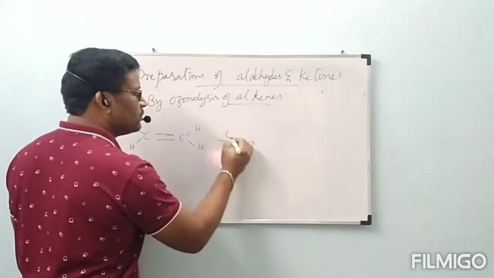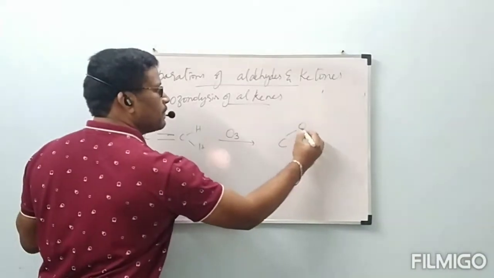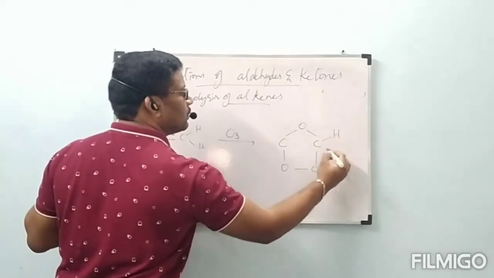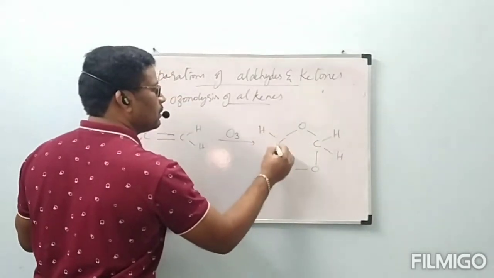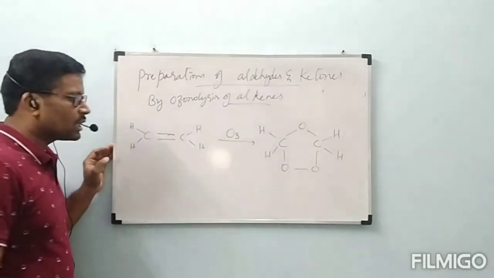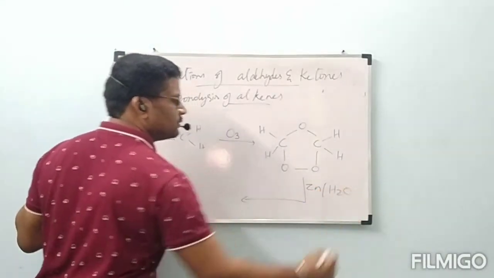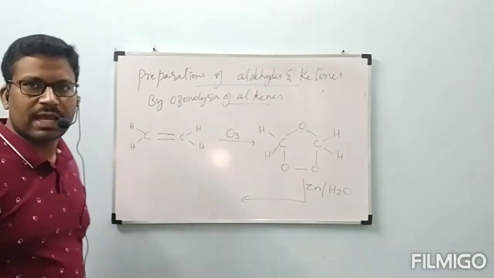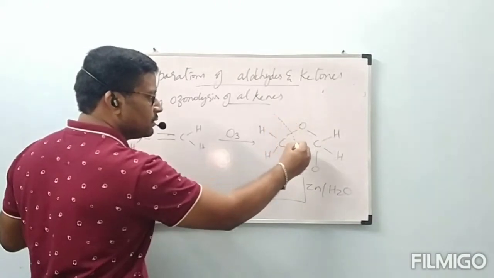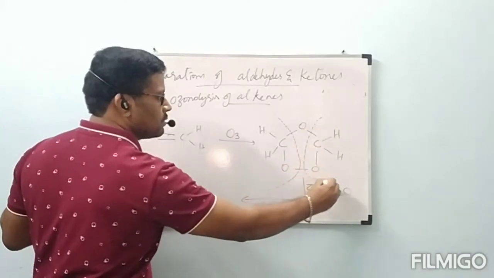Ethene undergoes reaction with O3, ozone, and we get an intermediate, the ozonide. This ozonide will undergo reaction with zinc and water, hydrolysis, in which cleavage happens like this.